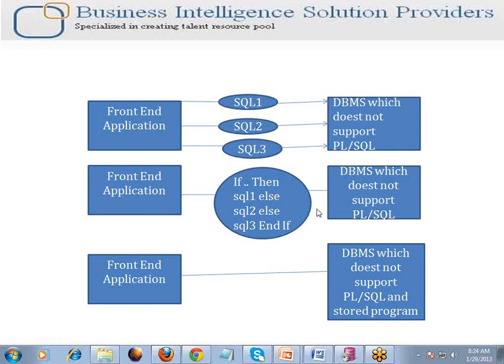This whole block will go to the Oracle DB, and all the requirements written in SQL 1, 2, 3 will be processed only one time at the database side, and the information will be fetched back to the front-end application. So I/O will happen only once. It will hit the database only once, not thrice or twice, like in the first example.